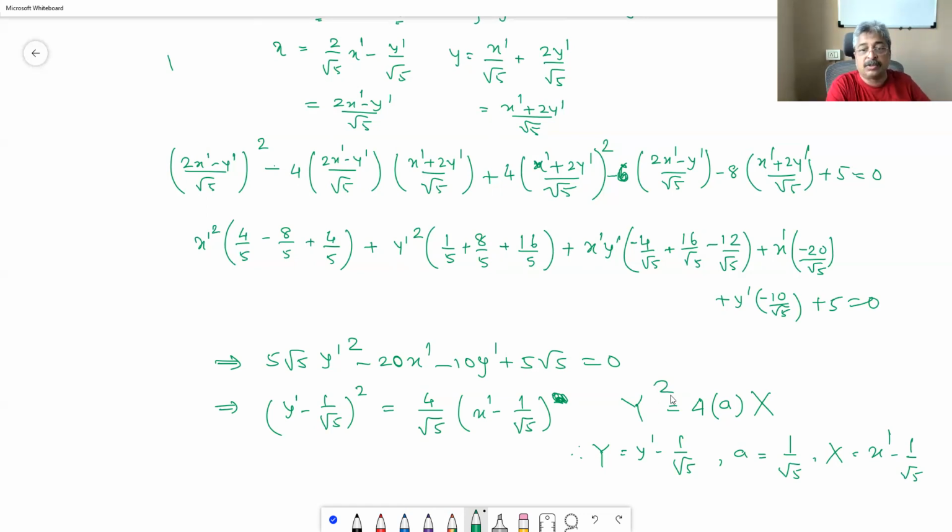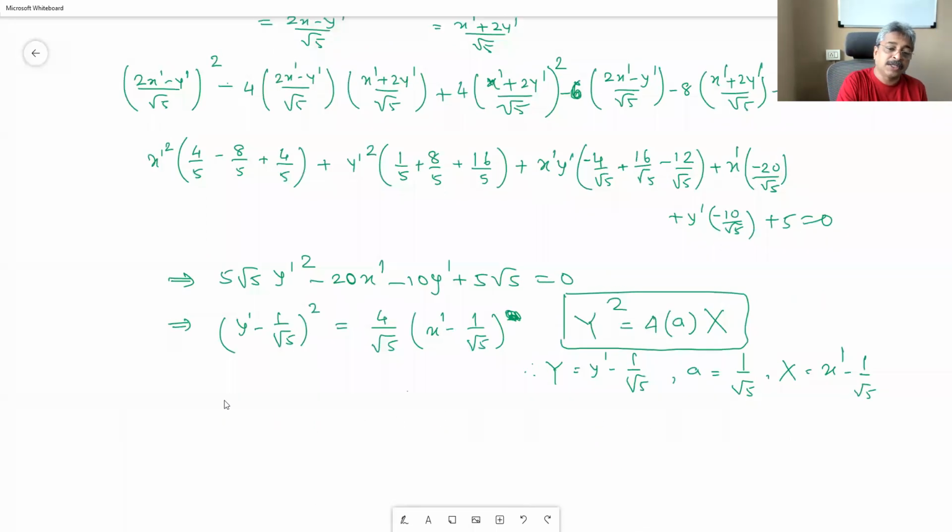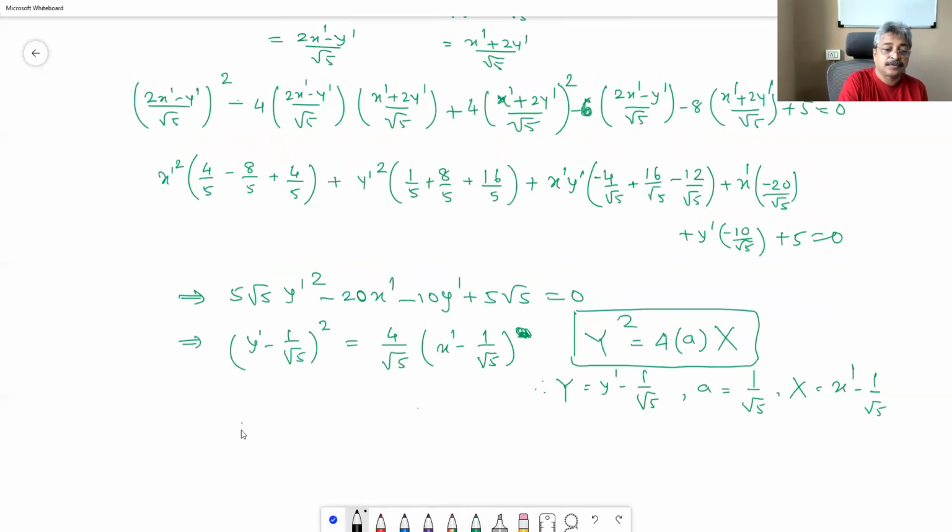Now you are translating. So this earlier was rotation transformation. This is translation transformation. And after translation transformation, you have everything in standard form, where capital Y square is equal to 4a capital X. Our focus in that case was a comma 0, and our directrix in that case was x plus a is equal to 0.